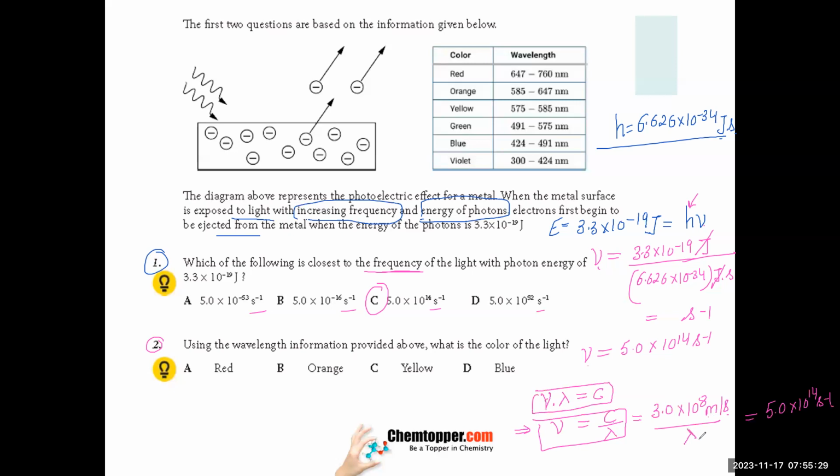Now you can calculate lambda. Get the value of lambda here, children, from this equation. What's the value of lambda? Mathematically, lambda is 3.0 times 10 raised to power 8 over 5.0 times 10 raised to power 14.